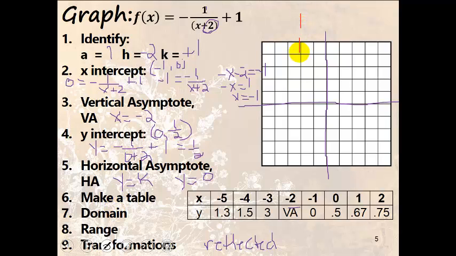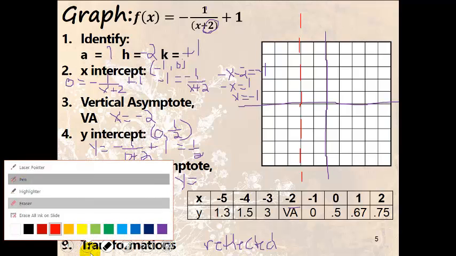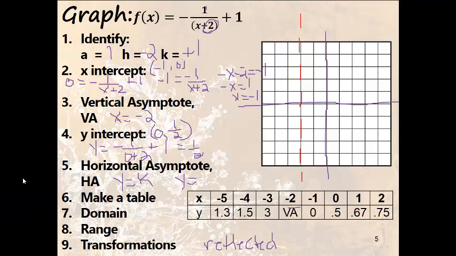So here's my asymptote in red. And here's my horizontal asymptote. Boy, there's a mistake there. You guys are probably hating on me. That should be y equals 1. So here we go. Okay. Sorry about that.